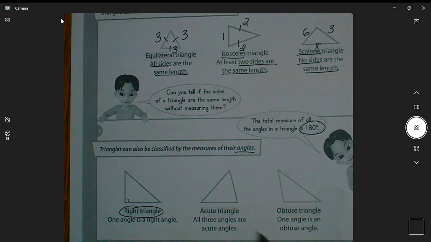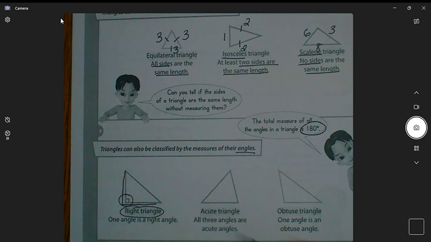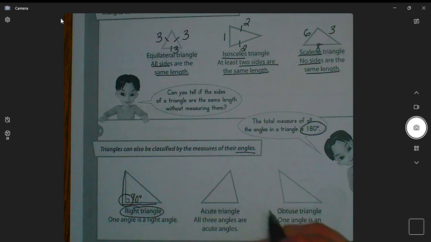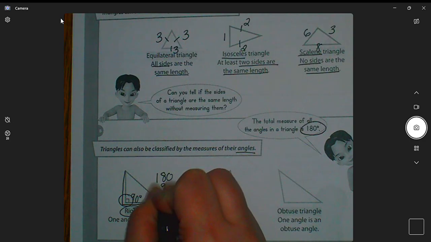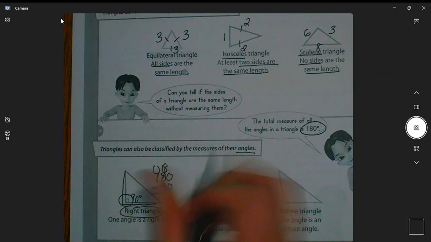And I know this because it has one right angle in it. And a right angle is worth 90 degrees. So I would figure out how much the other ones are worth by saying 180 minus 90. And that gives me 90.